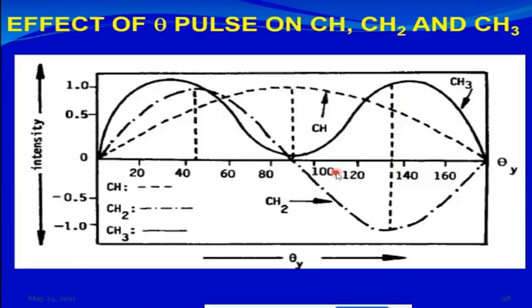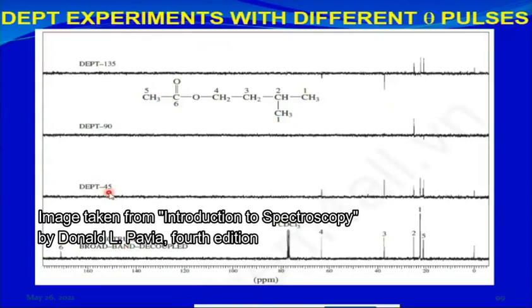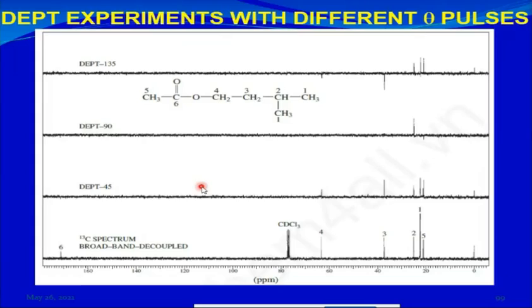How will you interpret? So this is a molecule here, and we have the broadband, the DEPT 45, the DEPT 90, and the DEPT 135, right? So let's first count the number of carbon atoms. So we have 1, 2, 3, 4, 5, 6, 7 carbon atoms.